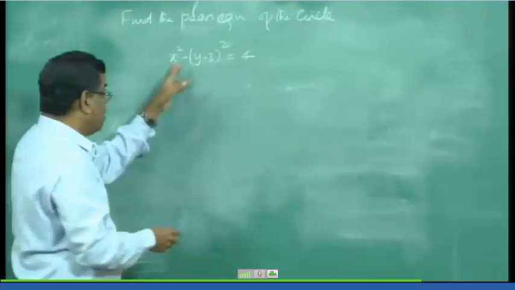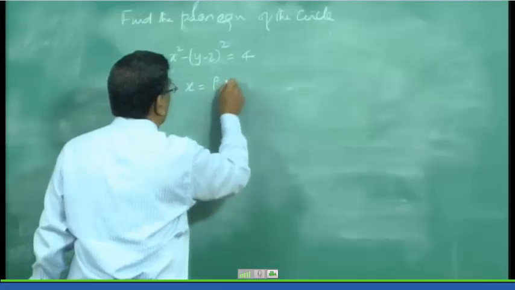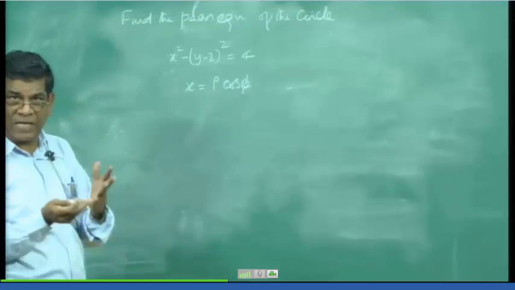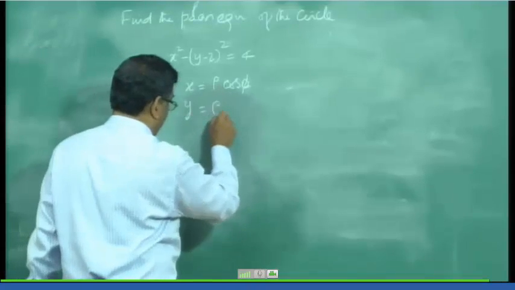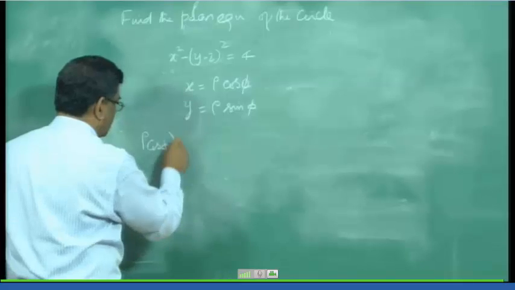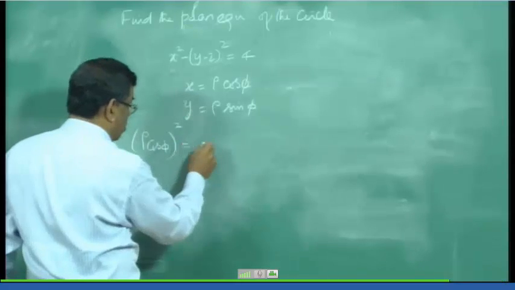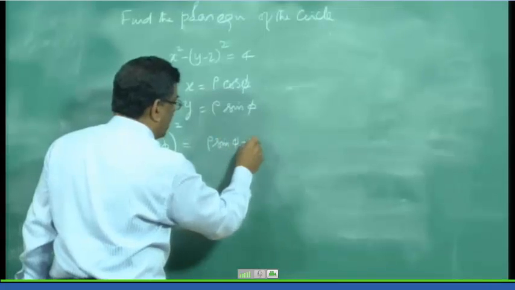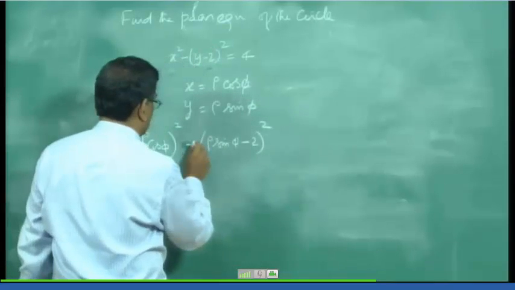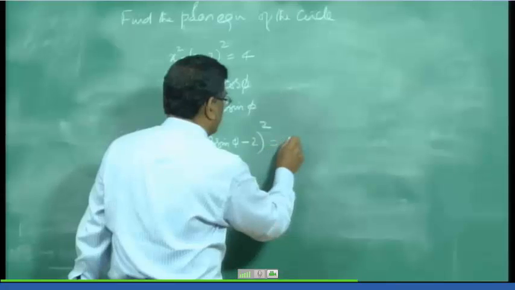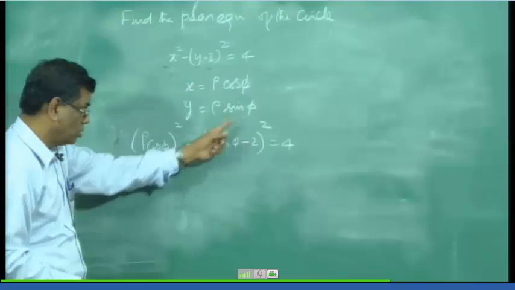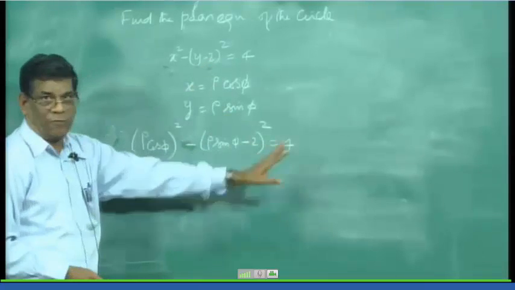Then what do I do? I try to find out what is my x in polar. X is equal to rho cos phi. We have seen that. Y is equal to rho sin phi. That is all I have to use. So I should say rho cos phi whole square, that is my x square, plus rho sin phi minus 2 whole square is equal to 4.